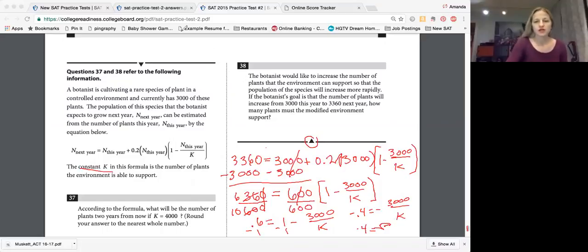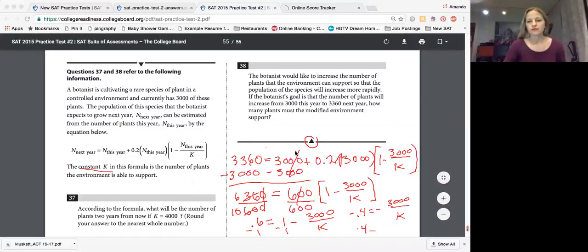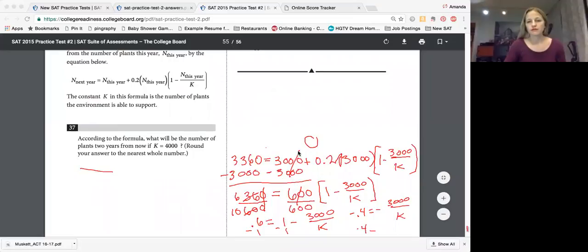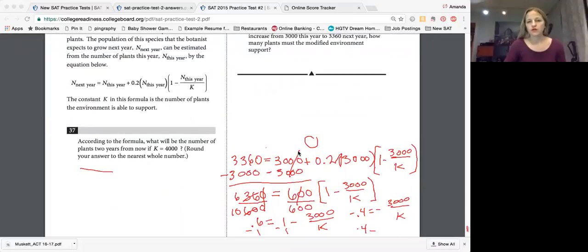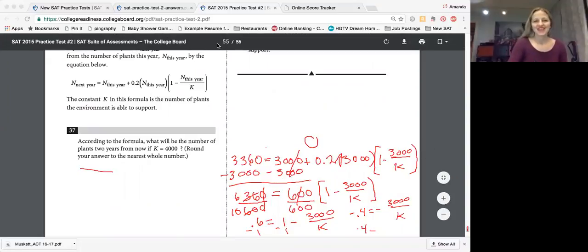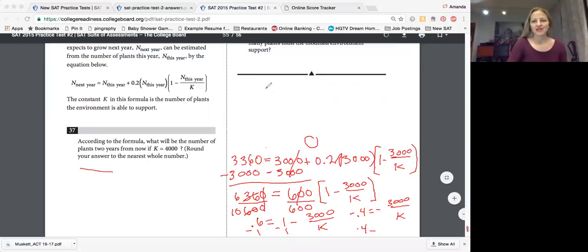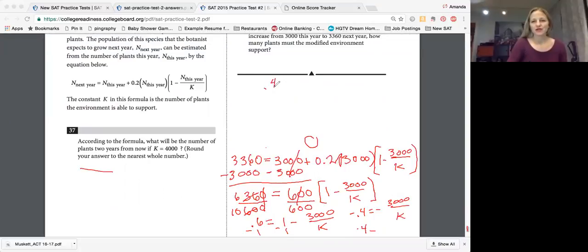Okay, so going back to what we had left, we have 0.4 equals 3,000 over K. To solve for K, I want to multiply by K to get it up in the numerator.